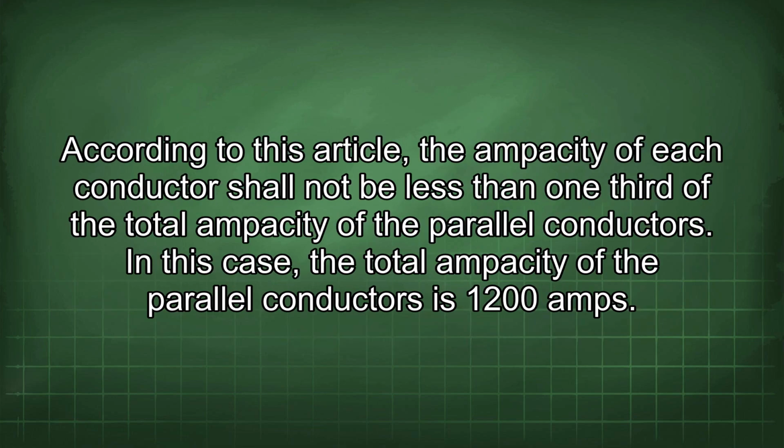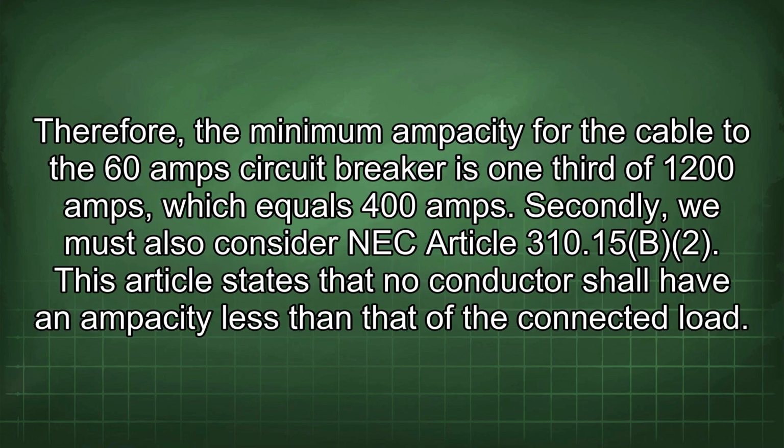According to this article, the ampacity of each conductor shall not be less than 1/3 of the total ampacity of the parallel conductors. In this case, the total ampacity of the parallel conductors is 1200 amps. Therefore, the minimum ampacity for the cable to the 60 amp circuit breaker is 1/3 of 1200 amps, which equals 400 amps.